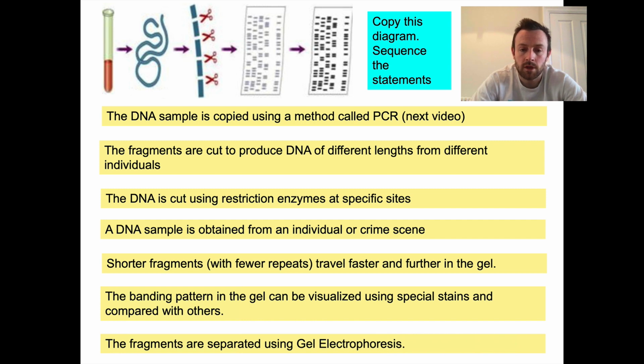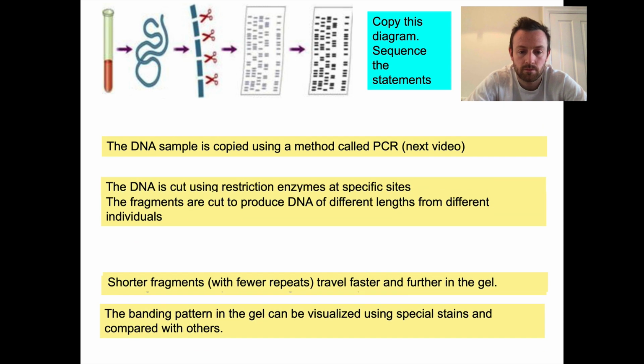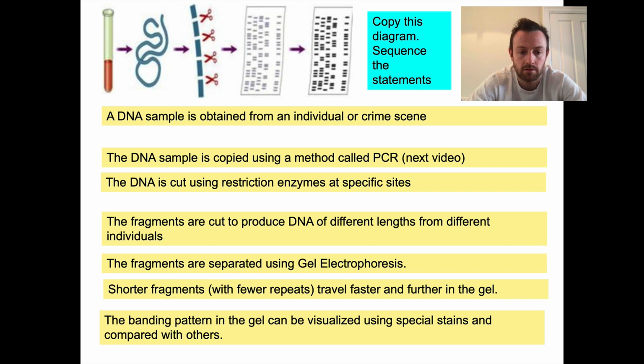Okay, here we go. So this should be what you wrote down. First we get the DNA sample, and then we have to copy the sample. We have to copy it up using a method called PCR, or polymerase chain reaction, which we're actually going to look at in our next video next week. Then we cut the DNA using these restriction enzymes. They're kind of like molecular scissors at specific sites.